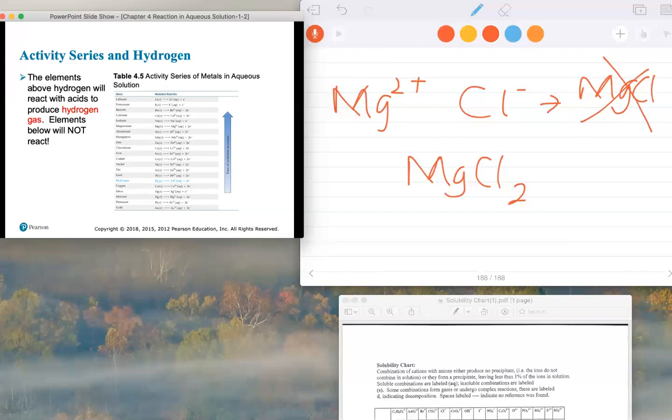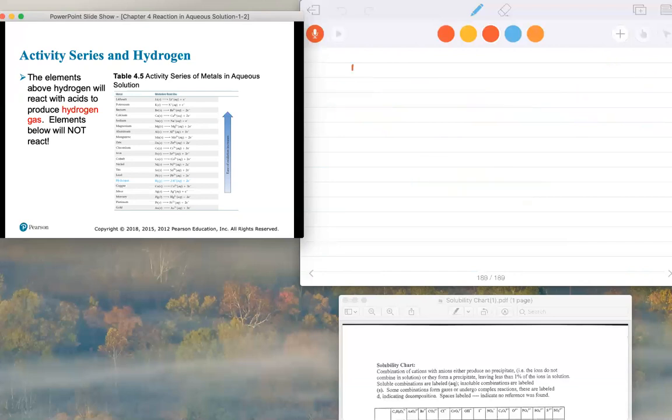For example, let's see what that means. If we have Fe, which is solid, plus HCl, will the reaction take place? If you look at iron, iron is above what?